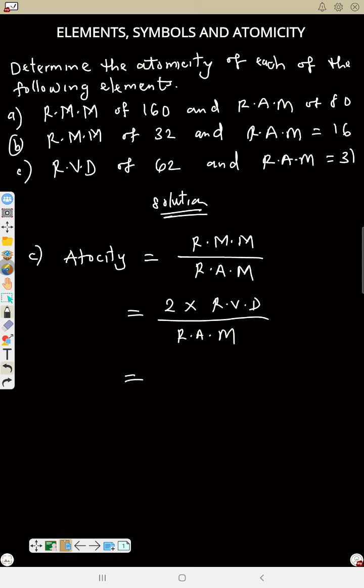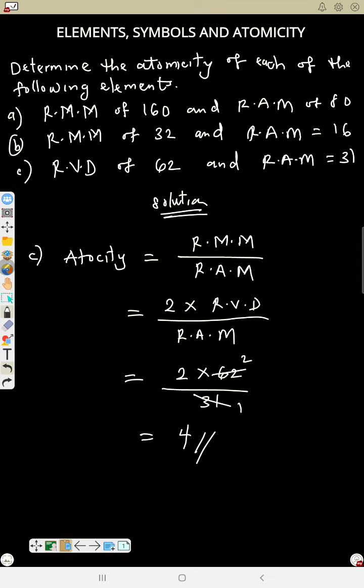We know our relative vapor density as 62. That means this is 2 times 62 divided by 31. So now 31 here 1, 31 here 2. 2 times 2, 4. So the atomicity in this case is 4.